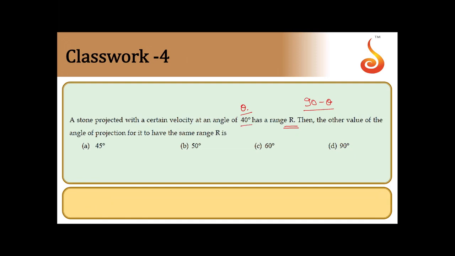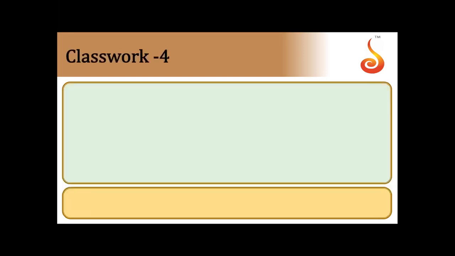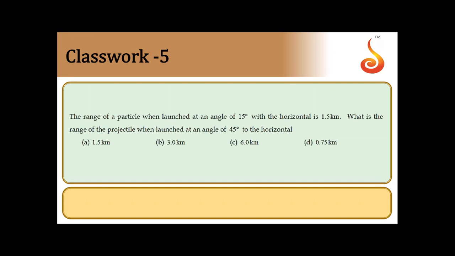So theta is 40 degree, 90 minus theta will be 50 degree. So it should be complementary angle of the given angle, that is option B. Yes, we shall move on to next one.